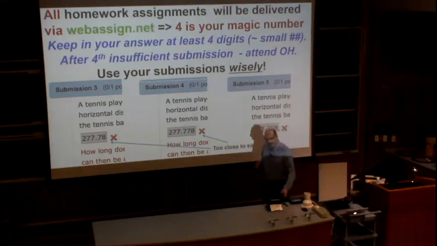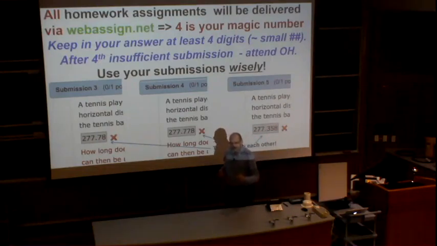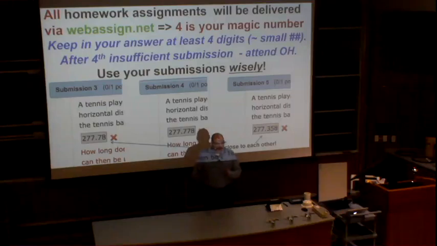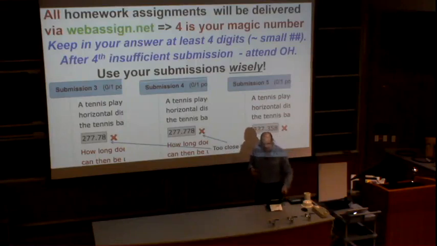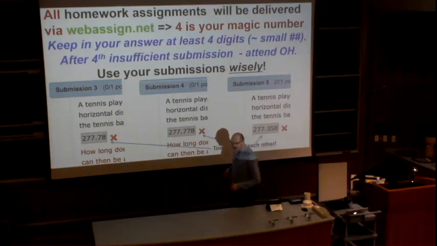The Webassign accepts your answer if your answer is within 4% margin from the correct answer. Normally, if your answer is a large number, if it's correct, it's automatically fine. You don't have to think about accuracy.